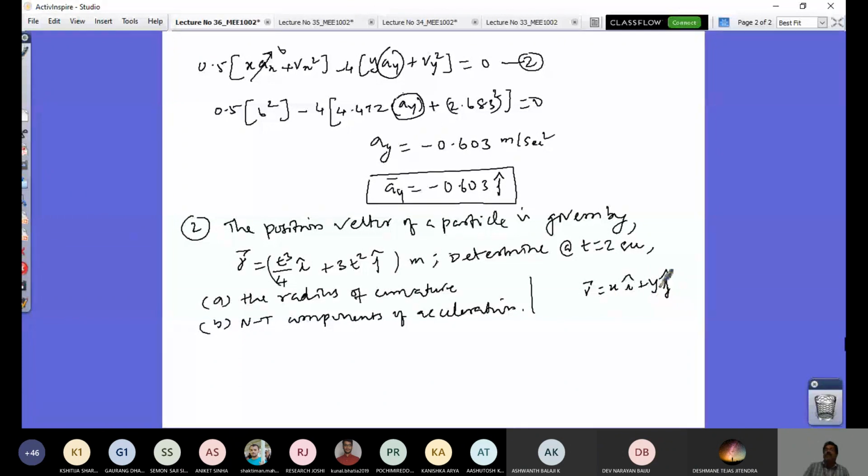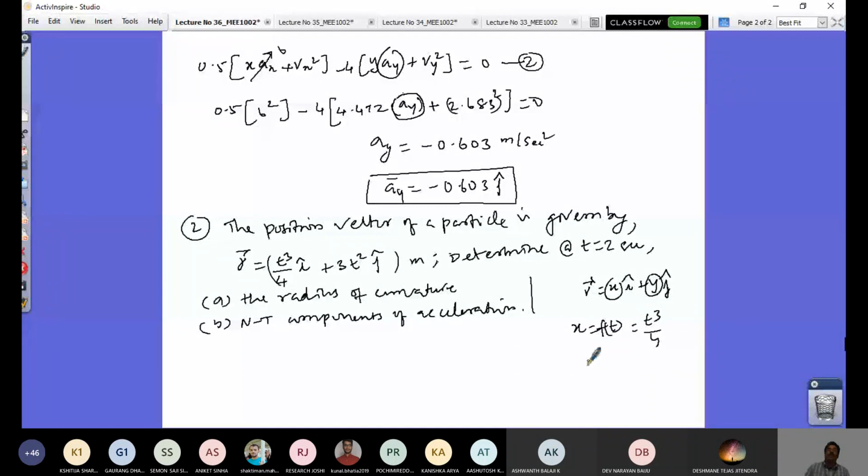This x and y are functions of time. That's what is given in this problem. So x is given as a function of time, equal to t cube by 4, and y is again a function of time, equal to 3t square. Now you are asked to find this.